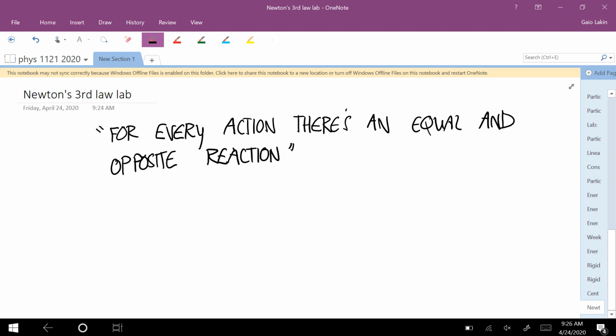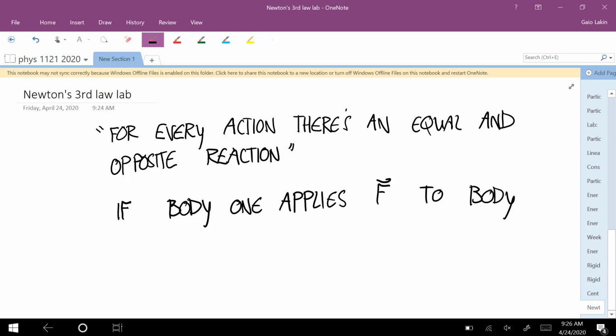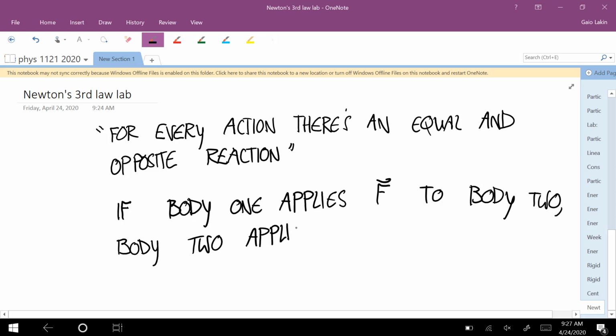So the way I want you to think about it is, if body 1 applies a force vector F to body 2, then body 2 applies a force vector negative F to body 1.